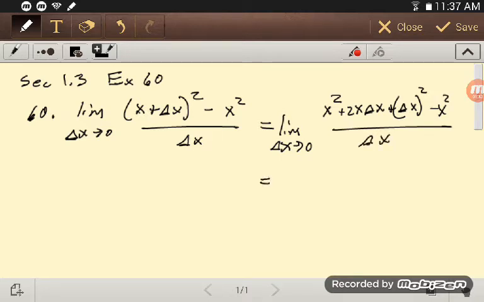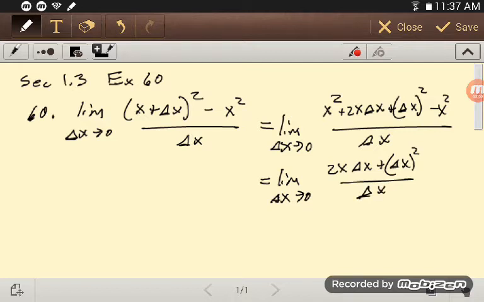The x squared minus x squared is 0, so I end up with the limit as delta x goes to 0 of 2x delta x plus delta x squared over delta x. And once again, notice I've got a delta x there and a couple of them there that are multiplied by each other. I can factor one out.